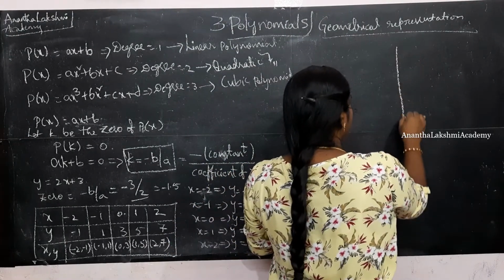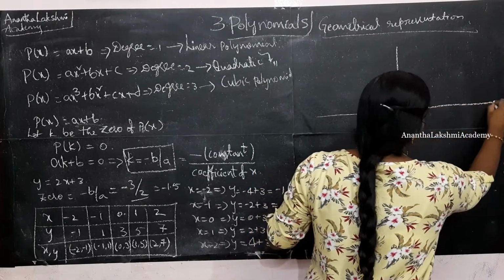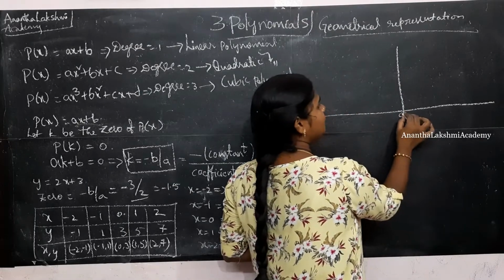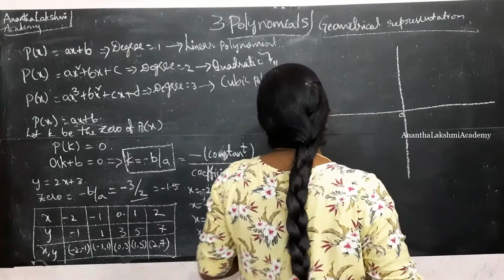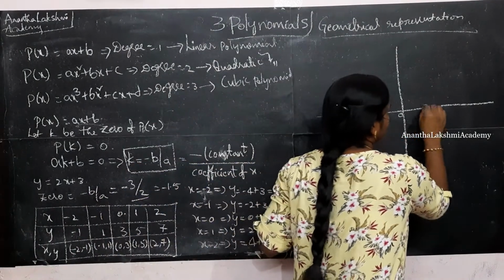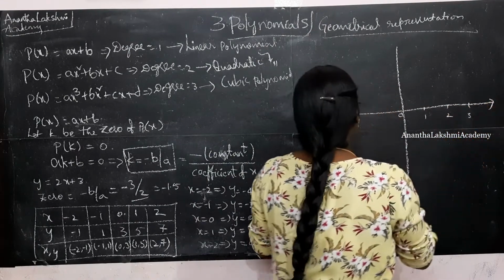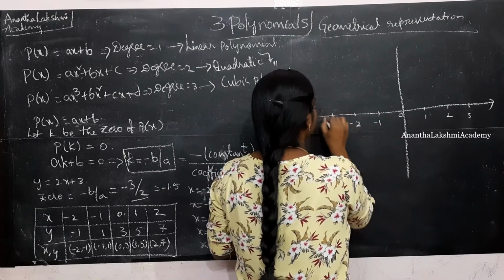So now that we are doing graphs in Anantha Lakshmi Academy, we need x and y axis. All right. What is this? The intersection part of x and y? Origin, which is 0, 0. All right. Next, we have on x axis 1, 2, 3. Then -1, -2, -3.